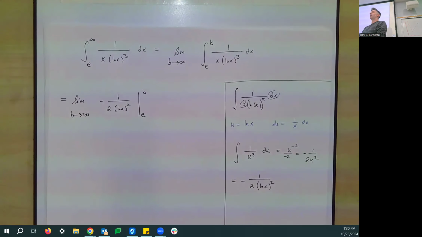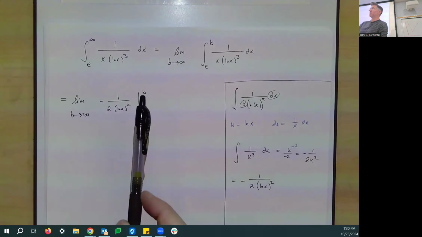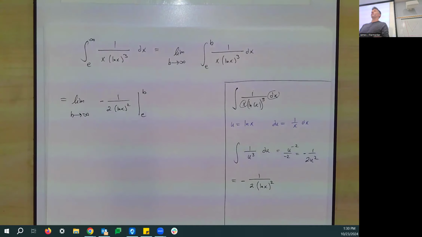To me, that just seems much better than doing all this work while carrying along the limit and the limits of integration. So that's what I would recommend whenever your improper integral looks like it's going to require u substitution or integration by parts or partial fractions or anything else like that.